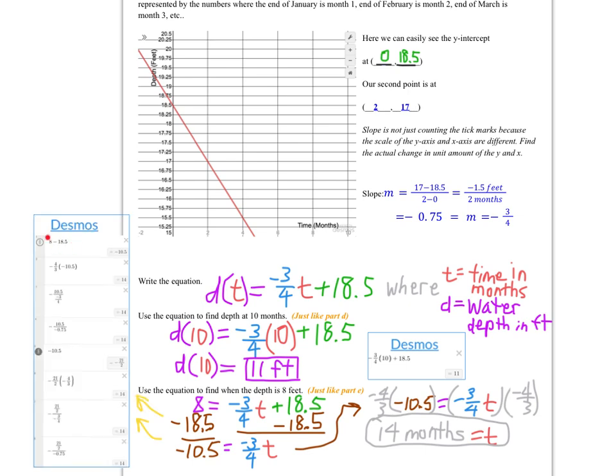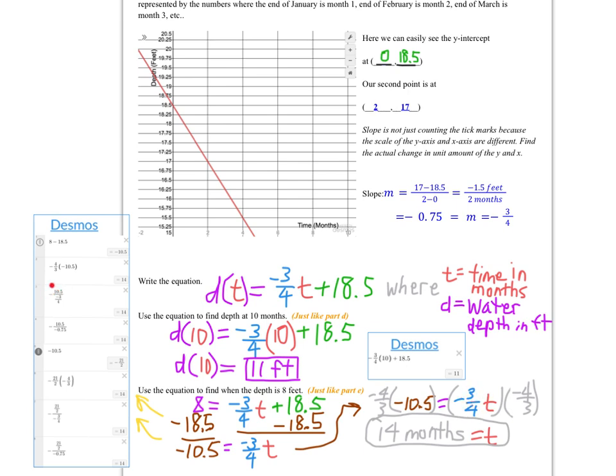In the decimals calculator, we can take the 8 minus 18.5, we get -10.5. That's where that came from. From there, we multiply by the reciprocal of the negative 3/4 in front of t, so that was negative 4/3. So negative 4/3 times negative 10.5 gives me the 14. Remember, we can also divide by the number in front of the letter.